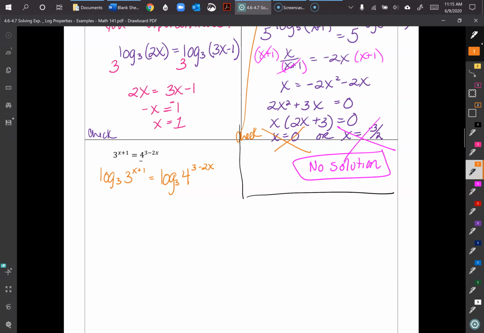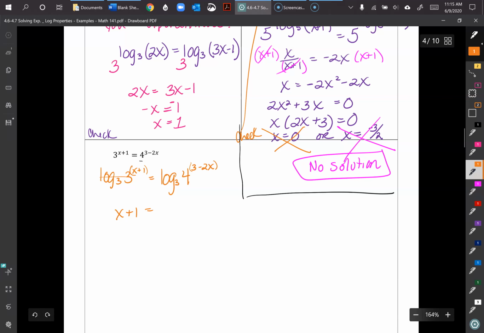So this one works out kind of nicely. So I get the x plus 1 left equals my log base 3 of 4 to the 3 minus 2x.